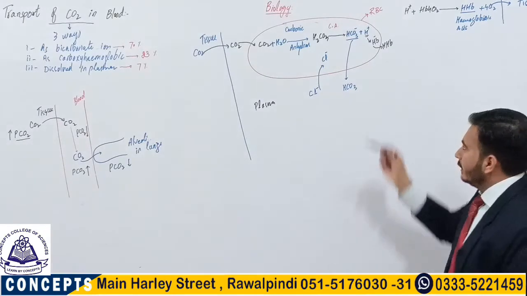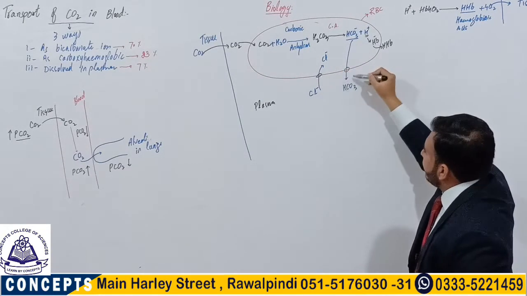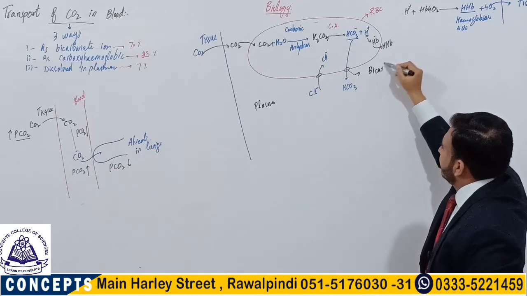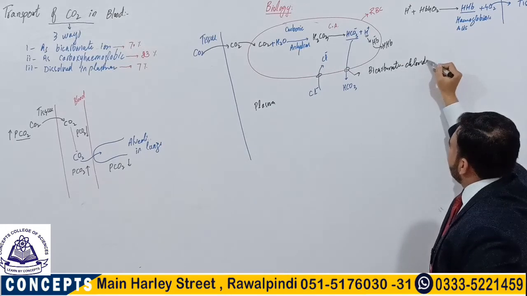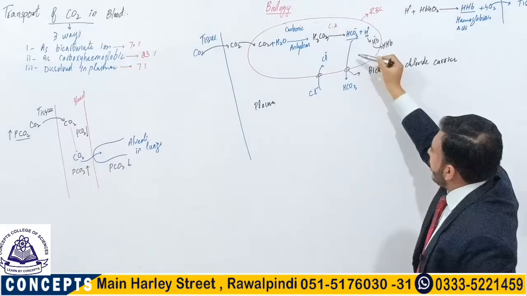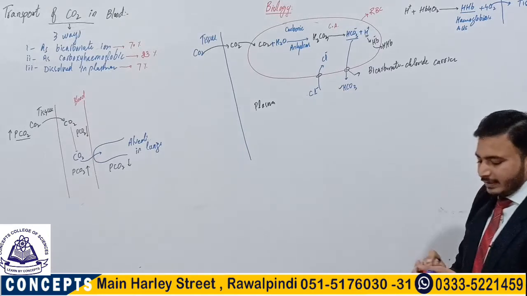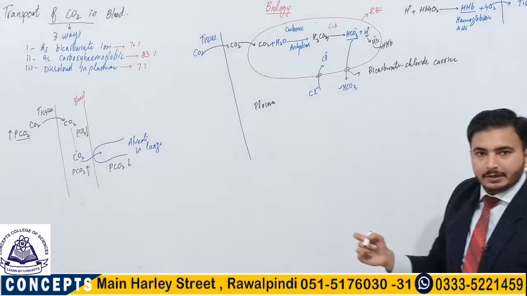This movement occurs by specific proteins present in the membrane of RBC. These proteins are known as bicarbonate chloride carrier. You can see this is opposite movement of HCO3 and chloride ion. This opposite movement is known as chloride shift or Hamburger's phenomenon.